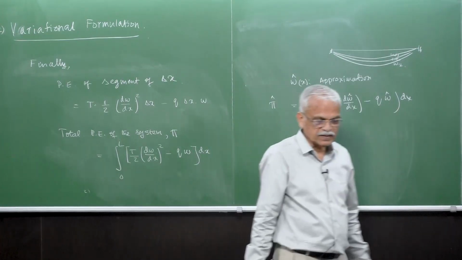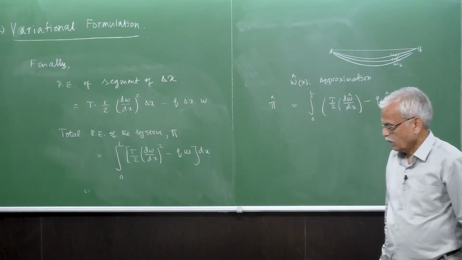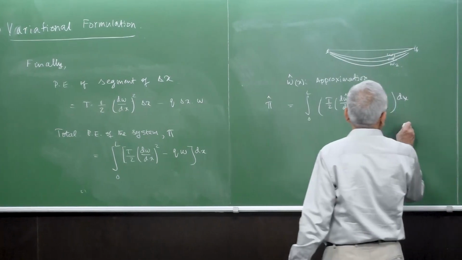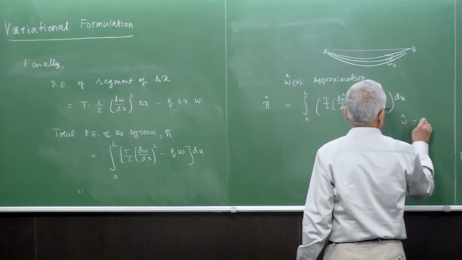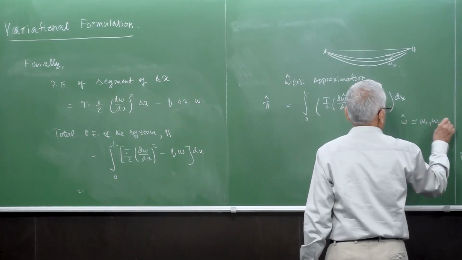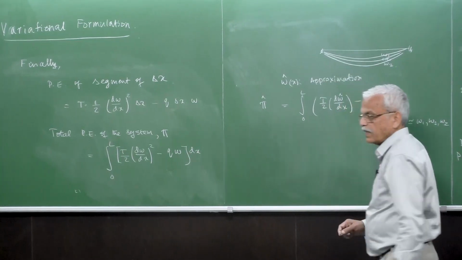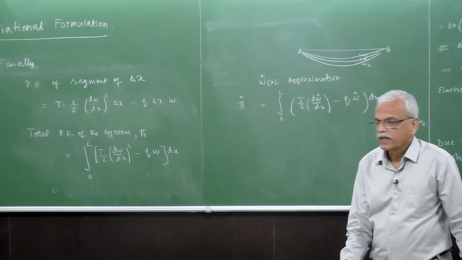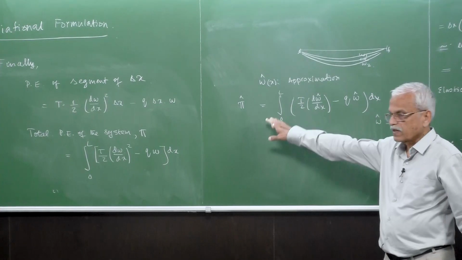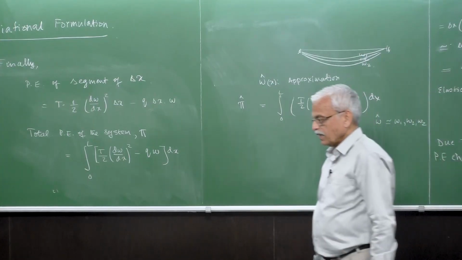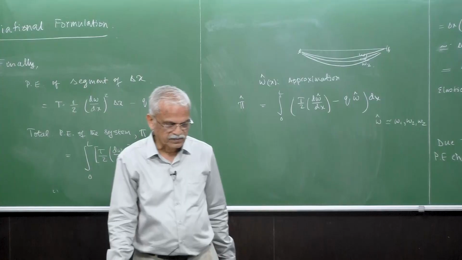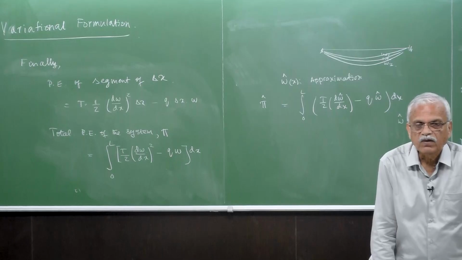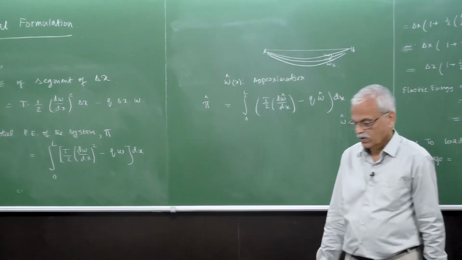The principle here is that out of all these W hats, different configurations, W1, W2, W3, with different values, for each approximation you can calculate the potential energy pi. And out of all these different approximations, the one which gives you the lowest potential energy is the solution of the problem.